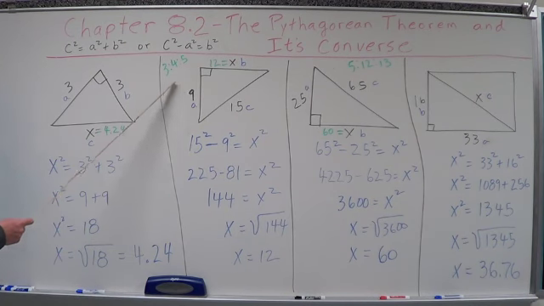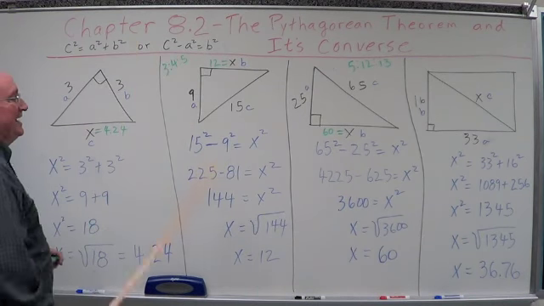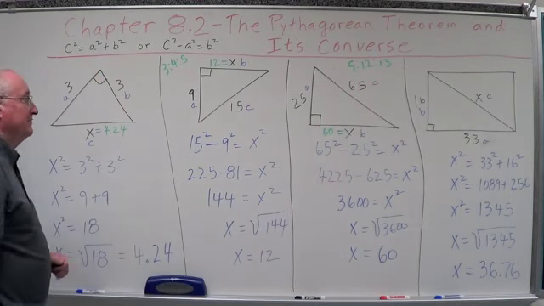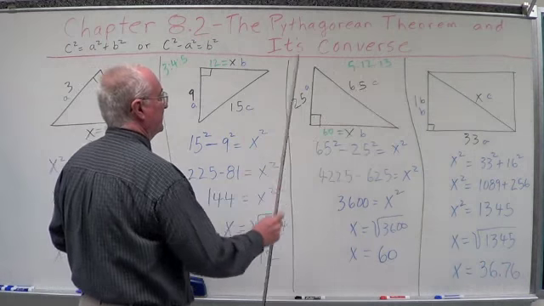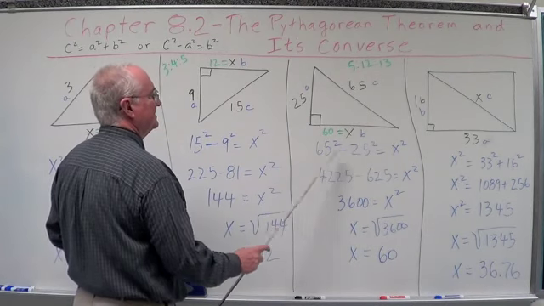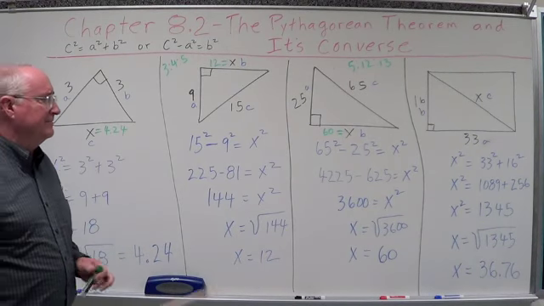They're whole numbers that, when you use them for the legs and put them into the Pythagorean theorem, they equal each other and create a right triangle. 5, 12, 13, 3, 4, 5. How do you know this one's a 5, 12, 13? Well, divide everything by 5. Divide 25 by 5, you get 5. Divide 60 by 5, you get 12. Divide 65 by 5, and you get 13.